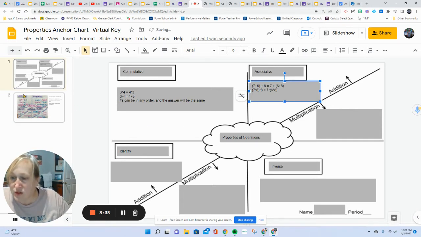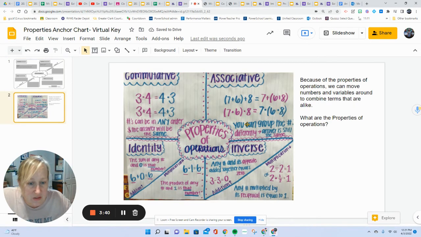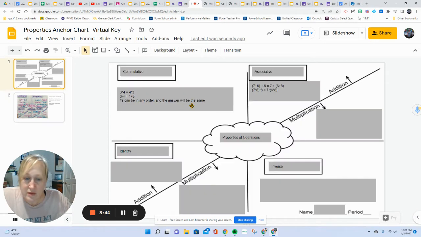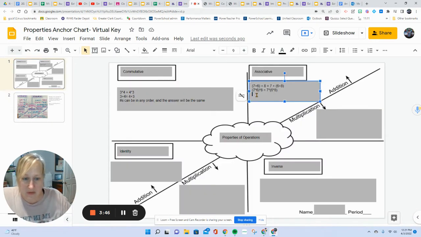And what the little phrase says is you can group the numbers differently, and the answers are still the same. Sorry.